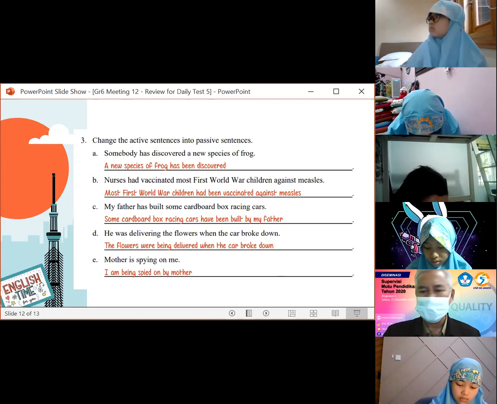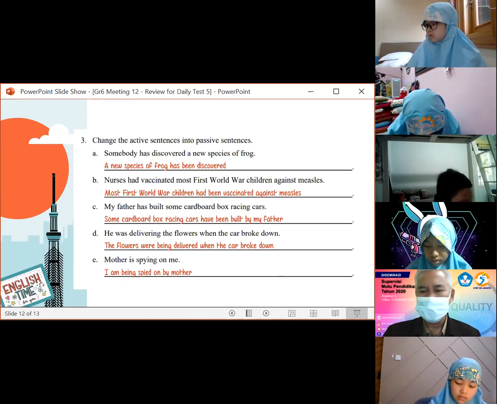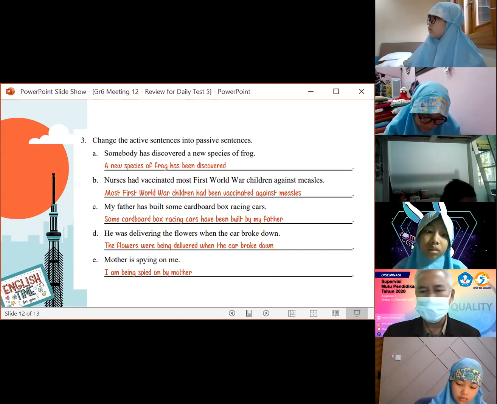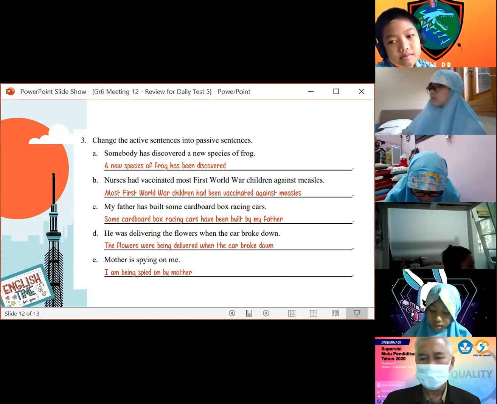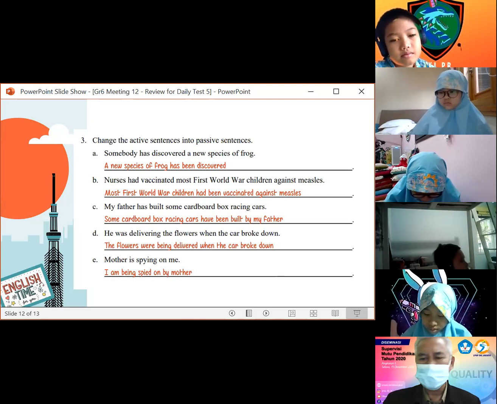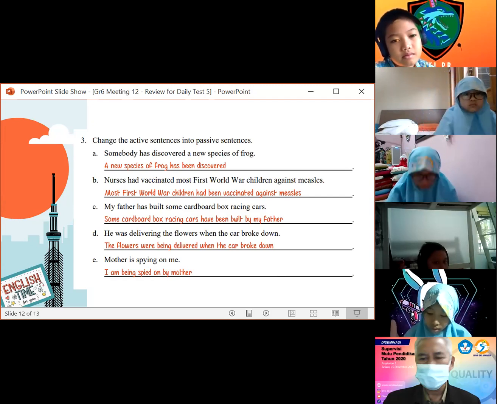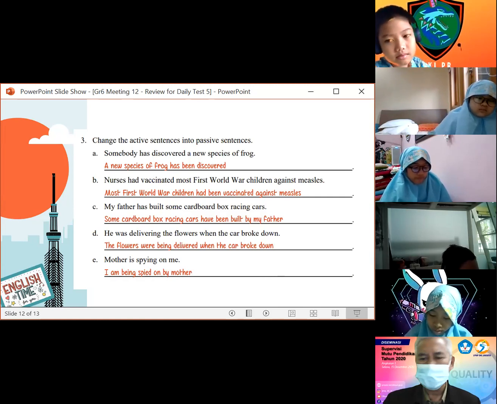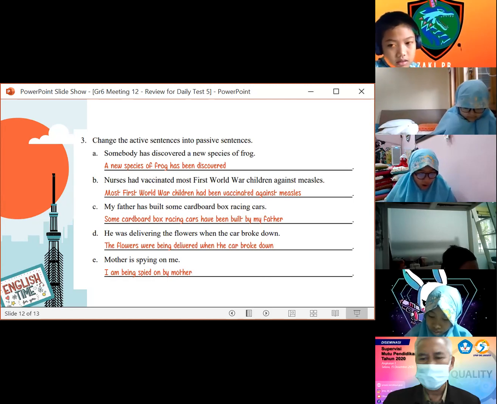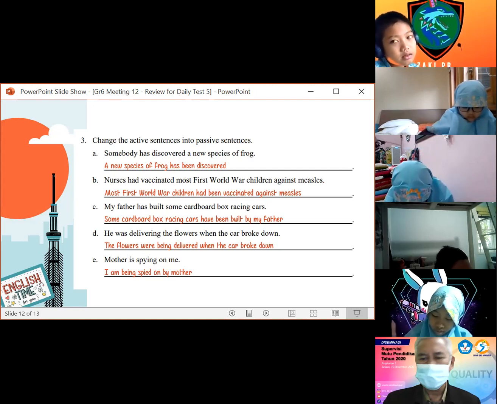Any questions for changing active sentences into passive sentences? No, miss. So what is the first thing that you must do for changing active sentences into passive sentences? Look at the object. Find the object of the sentence. And then put the object in the subject place, at the beginning of the passive sentence.